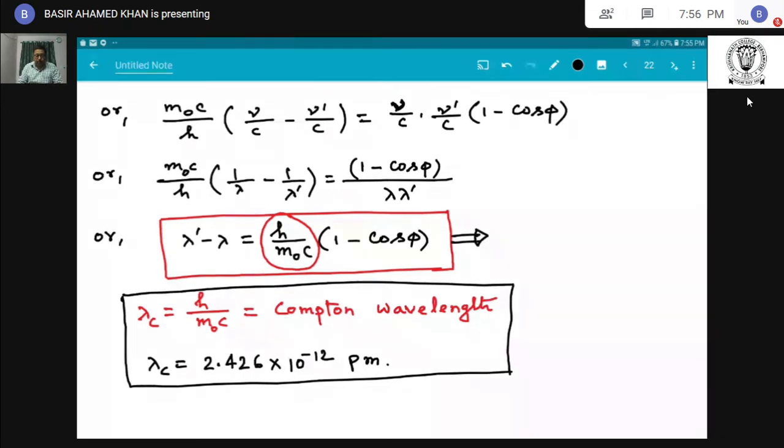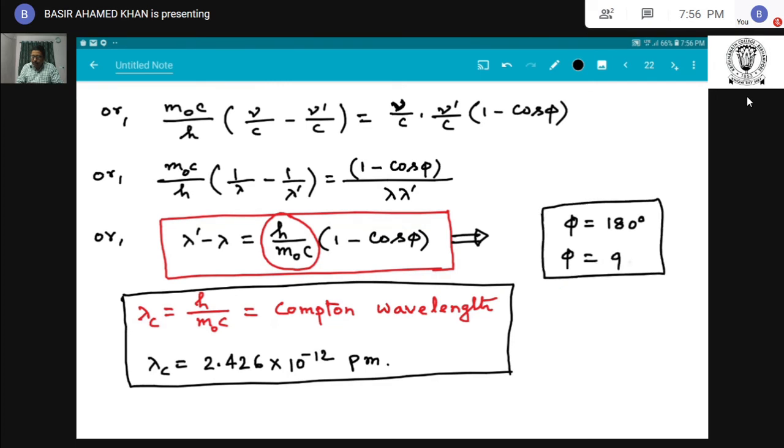between the scattered wavelength and the incident photon wavelength. Now consider phi equal to 180 degree and phi equal to 90 degree.